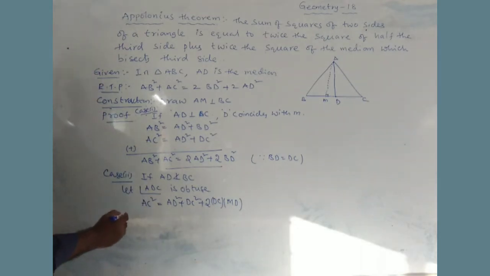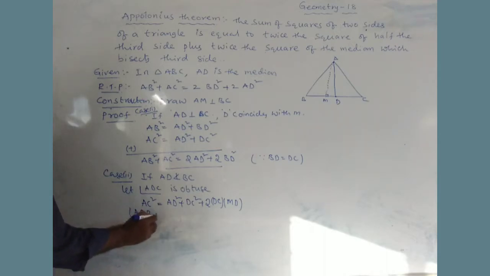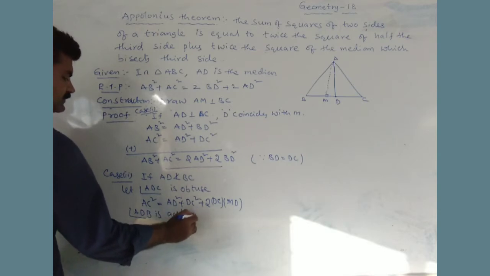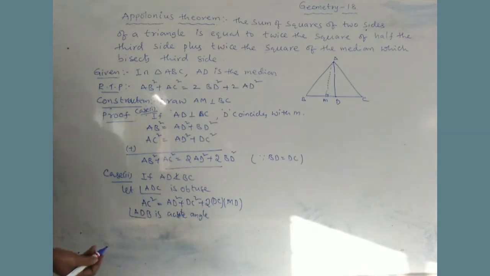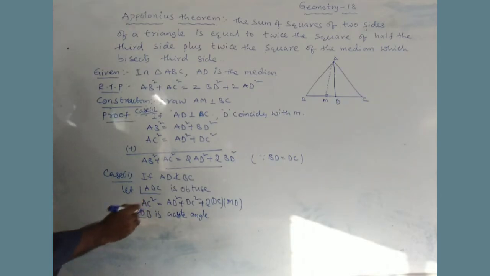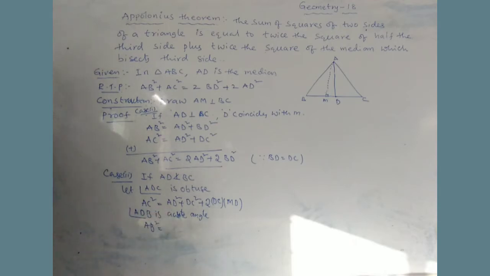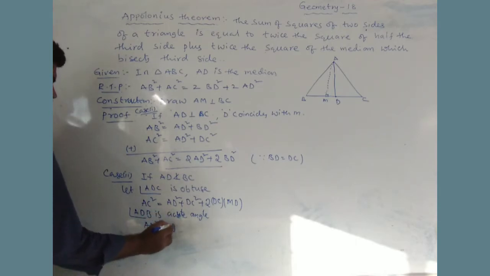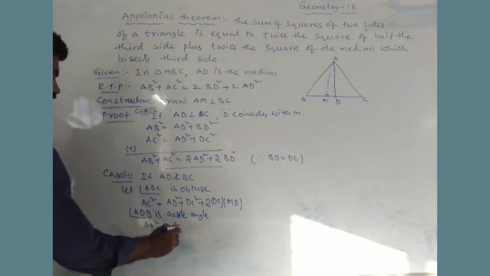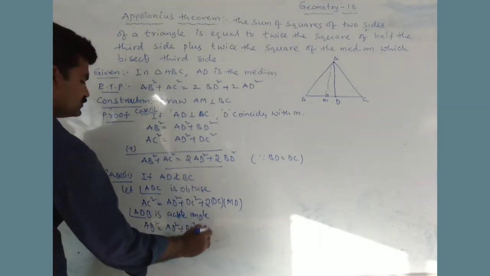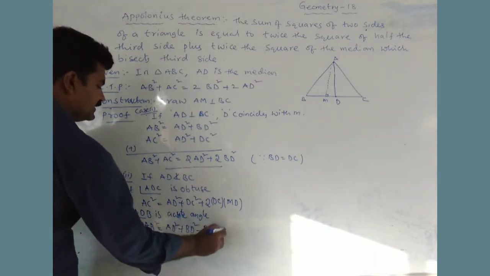Then angle ADB is an acute angle. Then according to the acute angle theorem, what can we say? AB square is equal to AD square plus BD square minus 2 into BD into MD.